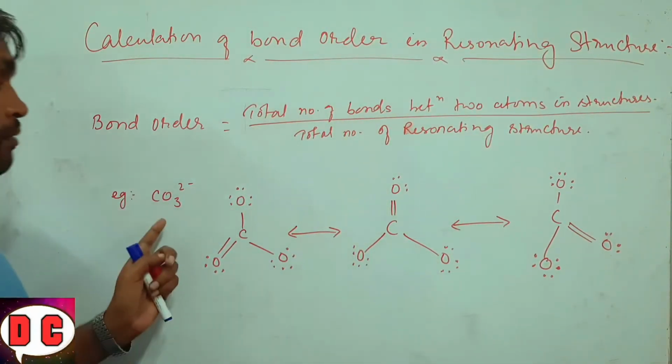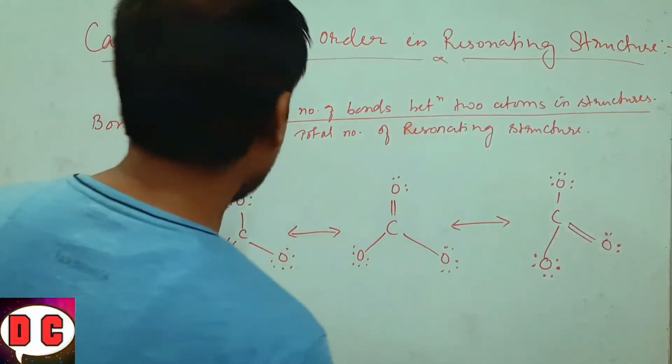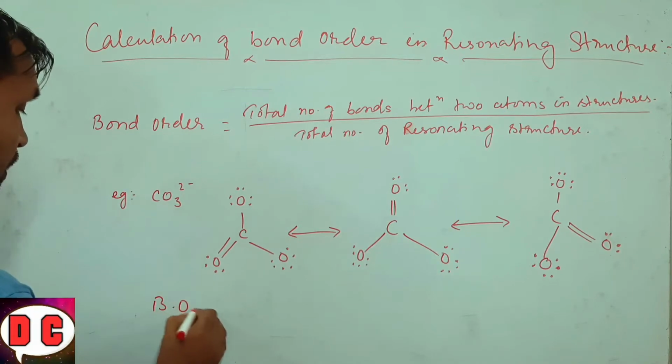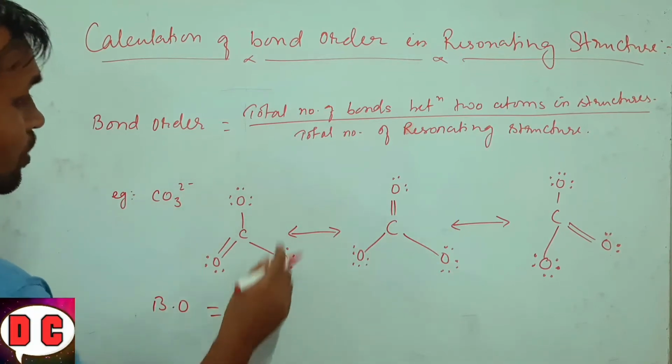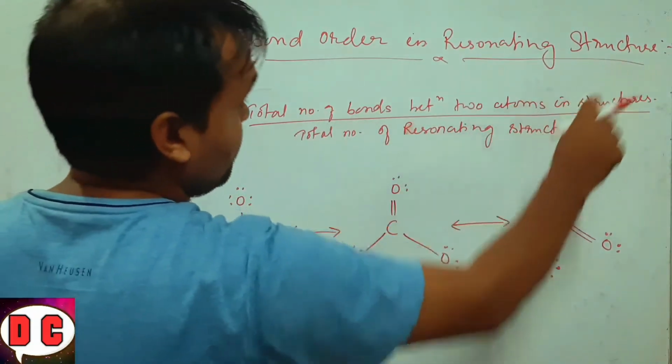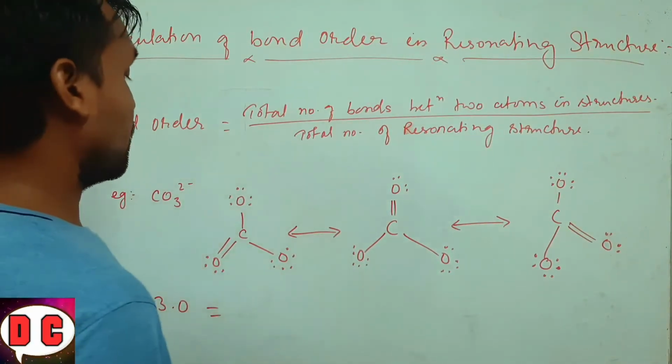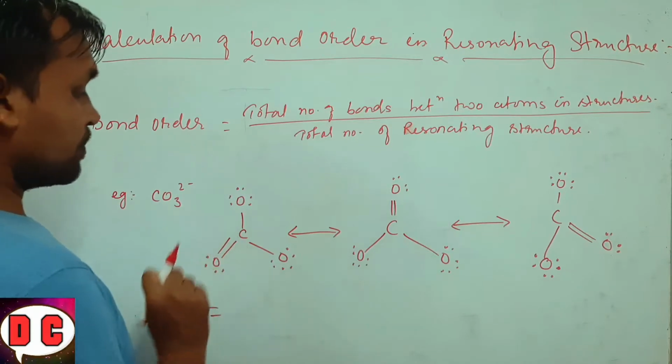Now let us try to calculate the bond order of carbonate. Bond order equals the total number of bonds between two atoms in a structure. If you see the total number of bonds, how many are there?